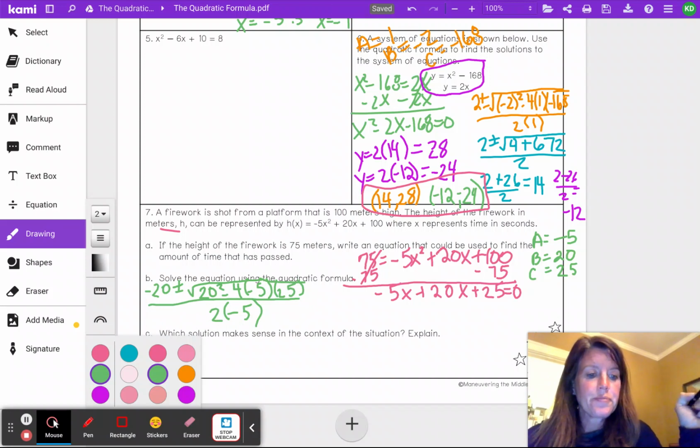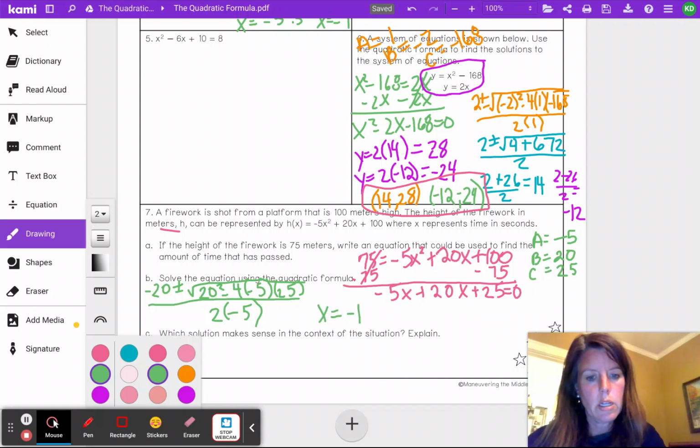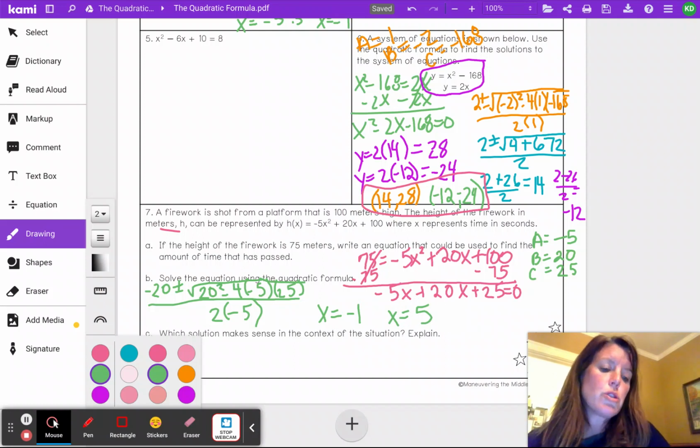All right. If you want to hit pause, work on that, but I'm going to go ahead and give you the answer. Your two answers are x equals negative 1 and x equals 5. Okay, so if you put that in your graphing calculator, those should be your two answers.